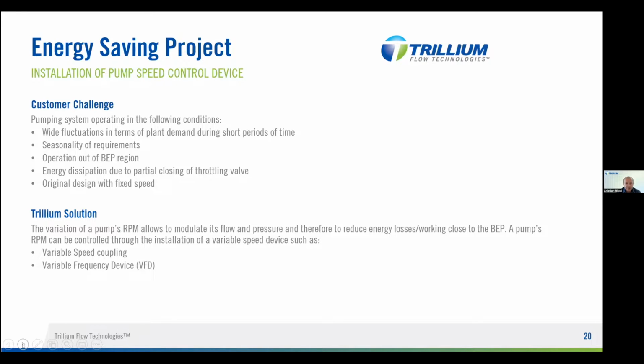With this solution, the pump can work modulating flow and pressure. Therefore, through this variation of speed, the energy losses will be reduced, and the pump is always working close to the best efficiency point.